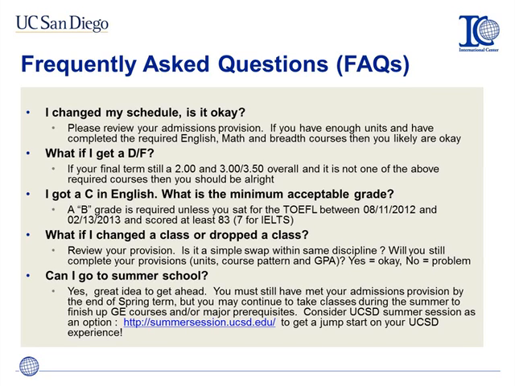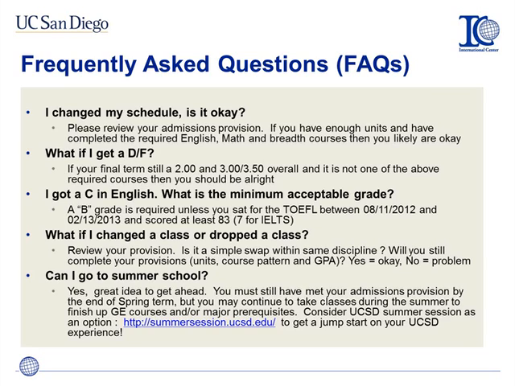Or if you sat for the IELTS, scored a minimum of a 7. Another question we receive is, what if I changed a class or dropped a class? And again, we ask you to review your provisions. If it's a simple swap within the same discipline, and you will still complete your provisions, then you should be okay.